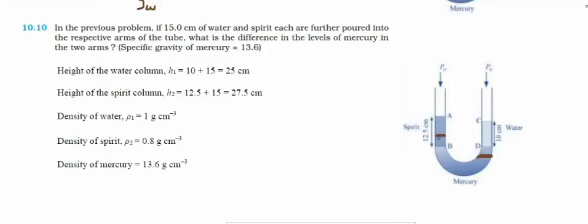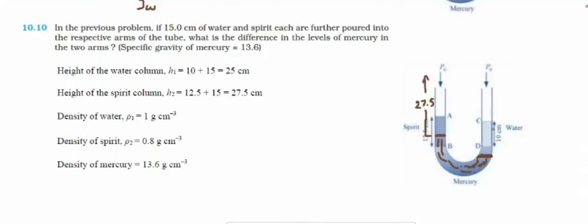Now you can see this is the level of mercury, this is the condition of mercury there. Above this, you can see the spirit total 27.5 centimeter height will be there.